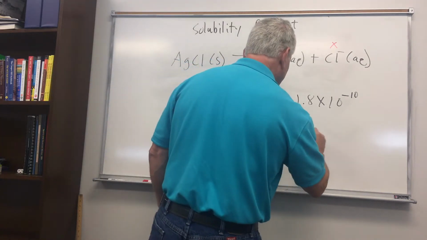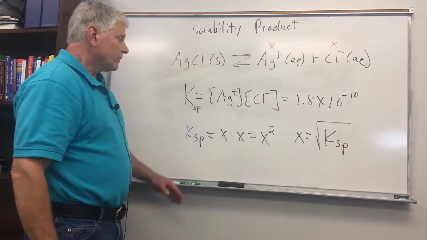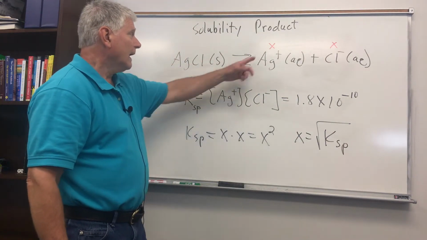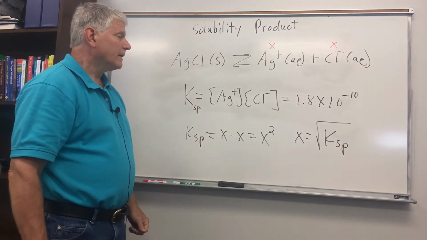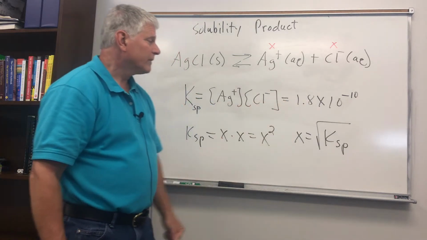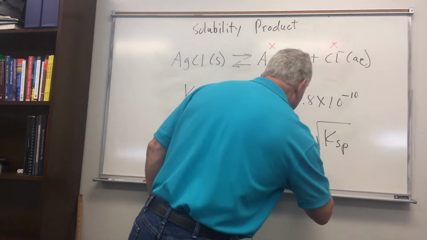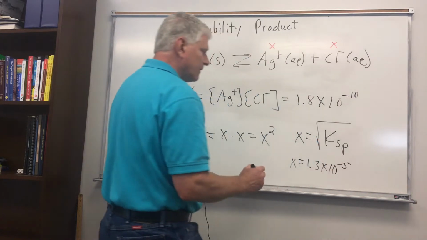So X is just equal to the square root of KSP. So this is a way we can find X, or the amount of silver plus and chloride minus that has dissolved in water. And if we take the square root of KSP, we'll get 1.3 times 10 to the minus 5th for X.